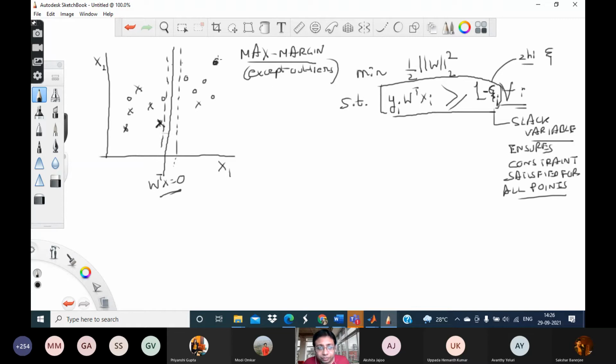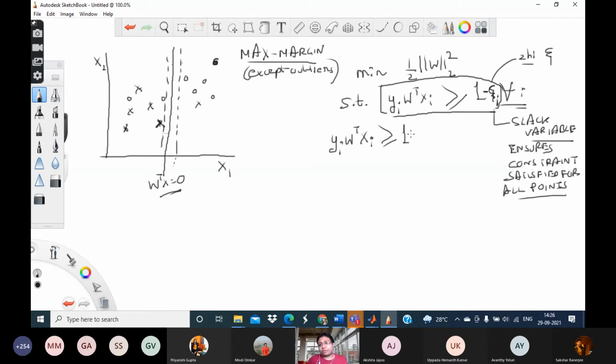That means this property holds. It means this point is correctly classified by the respective marginal classifier, and if it is classified correctly by the marginal classifier, then obviously it will be correctly classified by the optimal classifier also.